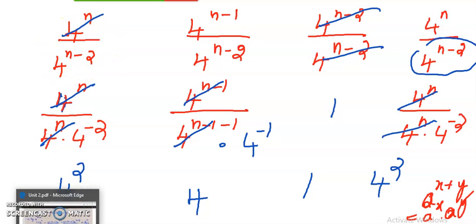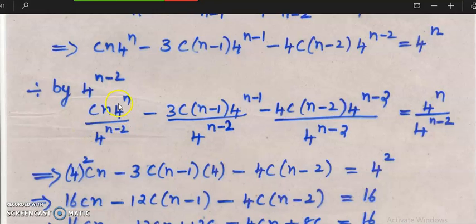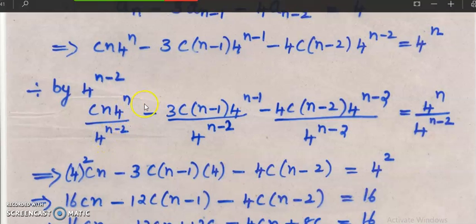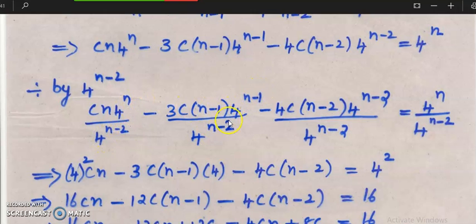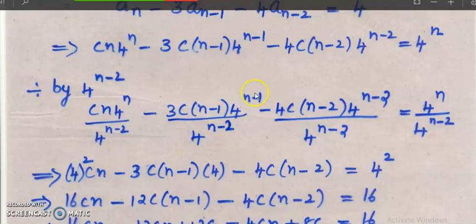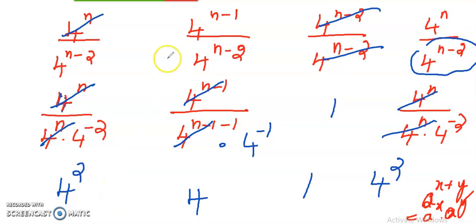If you look here, this 4 power n and 4 power n minus 2, 4 power n will be eliminated. 4 power minus 2 goes to the numerator. This 4 power n minus 1 will be eliminated. 4 power minus 1 will be there. That's what I explained here. This 4 power n minus 2 can be split as 4 power n minus 1 minus 1. So you have 4 power minus 1 in the denominator.